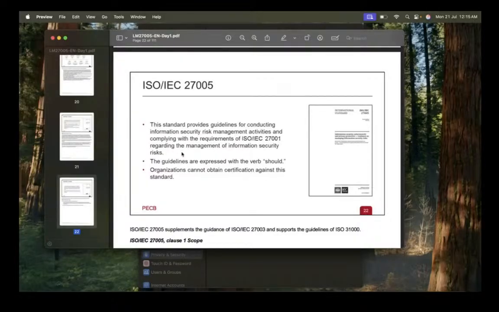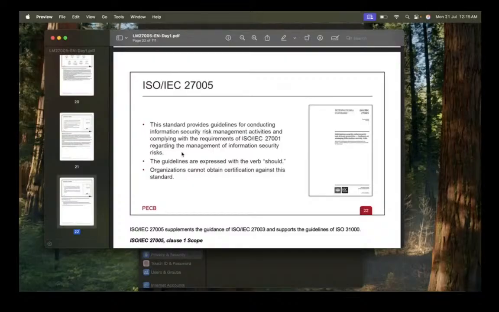So what does it do? What is the basis of this standard? The standard basically provides guidelines for conducting information security risk management activities. Now we are finally discussing risk management, and that is going to be our focus.